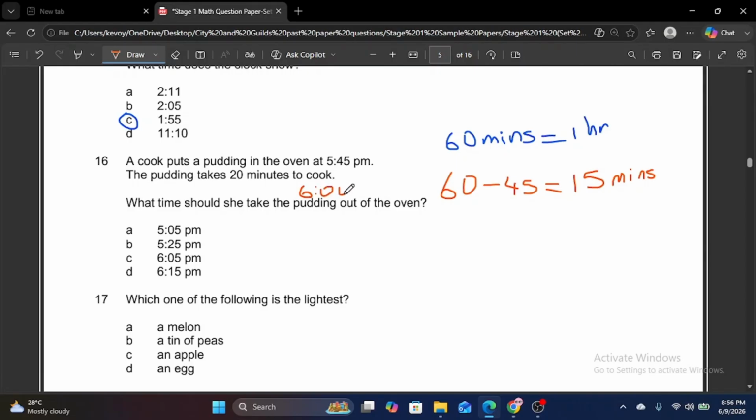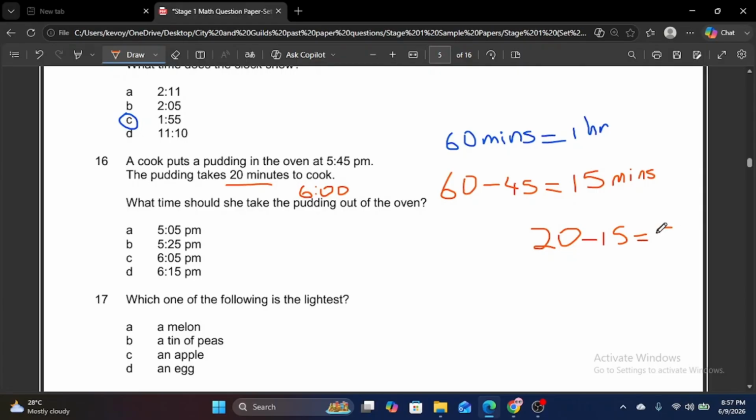But guess what? Out of the whole 20 minutes, if I only use 15 minutes to move from 5:45 to 6 o'clock, how many minutes would I have remaining? 20 minus 15, I am left with 5.